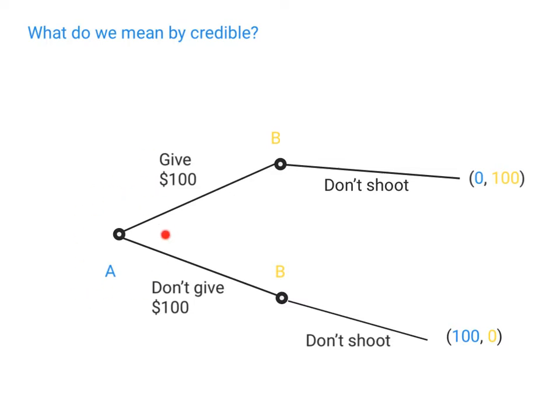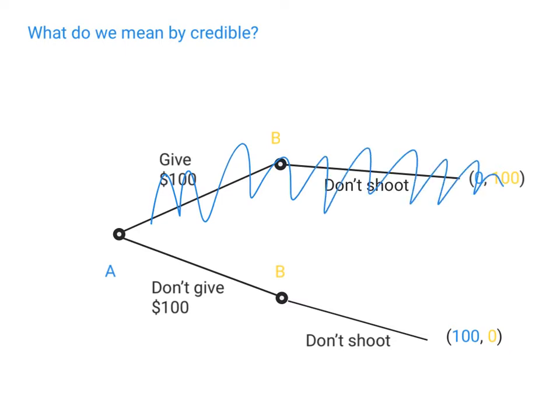They can either give player B $100 and player B will walk off with $100 and player A will have nothing, or player A can not give the $100 to B and player B will not shoot, player B will walk off with nothing and player A will keep the $100. So we can say that the solution to this game is that A will choose not to give the $100 and B will choose not to shoot.